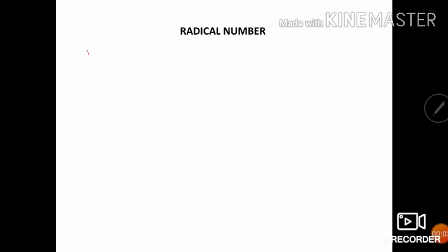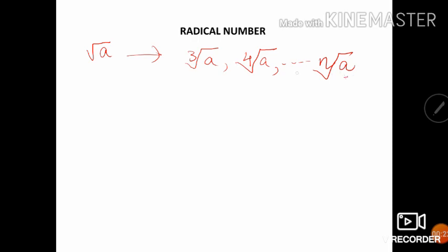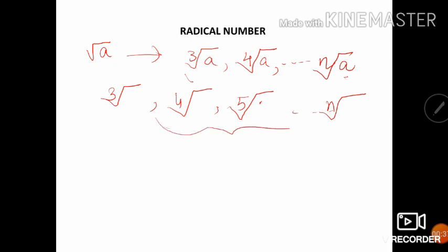The idea of square root of a number can be extended to cube root of a number or fourth root of a number. Likewise, nth root of a number, where a is a positive real number, and all these symbols, cube root, fourth root, fifth root and so on, nth root, they are called radicals.